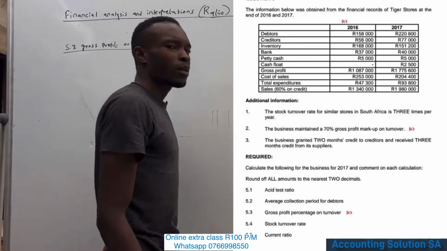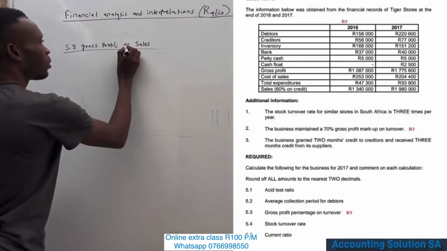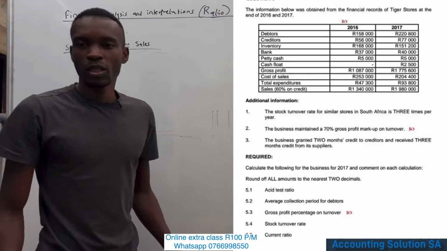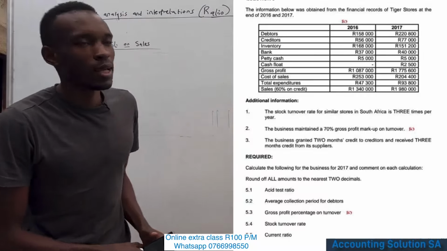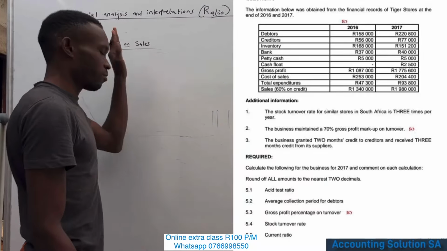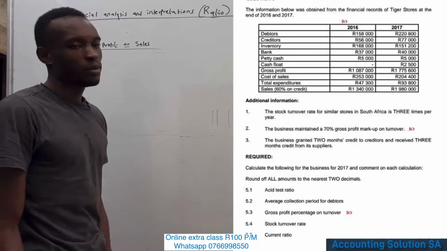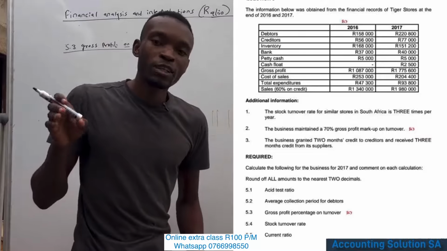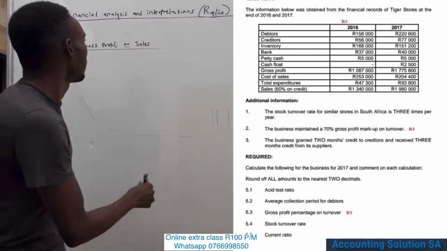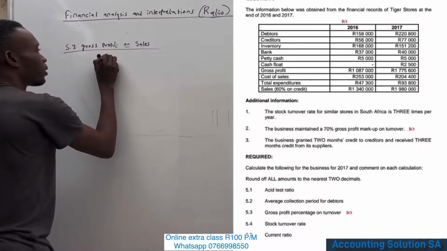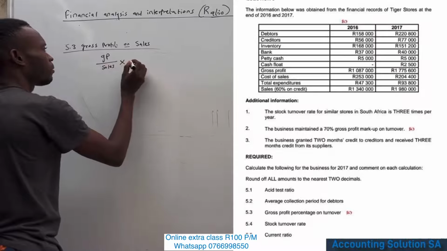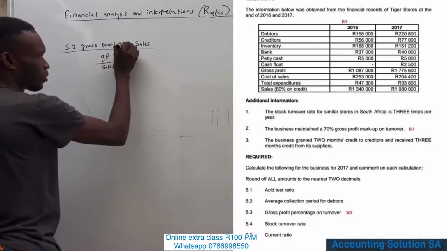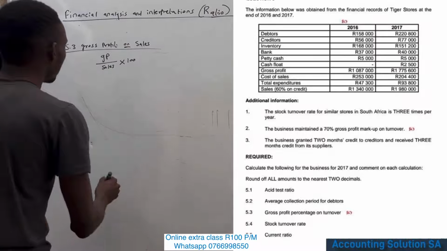Once you have a formula that has the word on, guys, there's no need for you to even cram the formula, because what they are saying is, take this amount and divide by this one, multiply by 100. Very simple. All profitability formulas are just like that. So in other words, it's gross profit divided by sales, multiply by 100. Once you see the word on, guys, you are going to kill it.